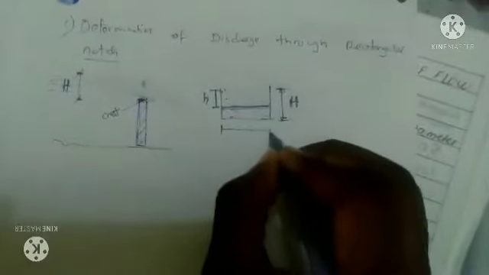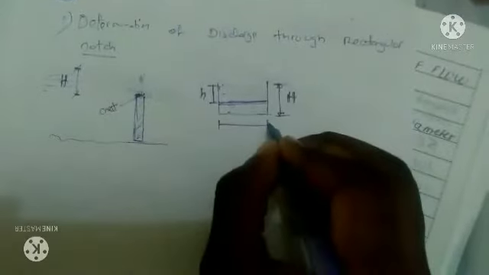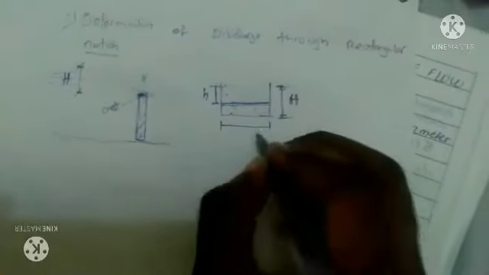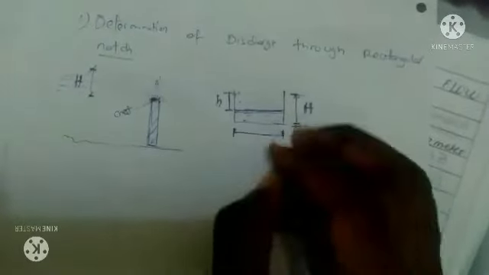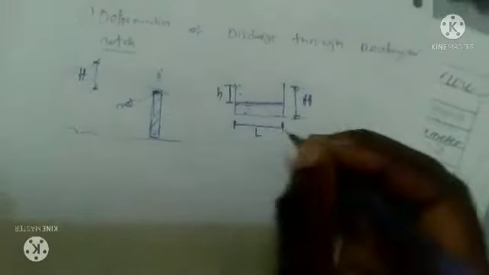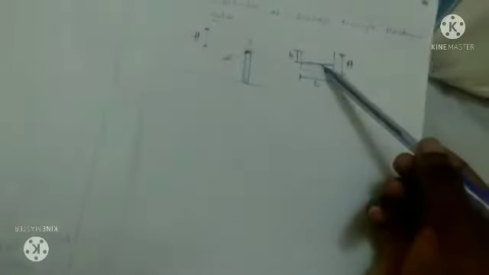But also we have the breadth of this notch, which is denoted by letter L. So let us proceed, because we need to determine the actual discharge which is flowing through this notch.